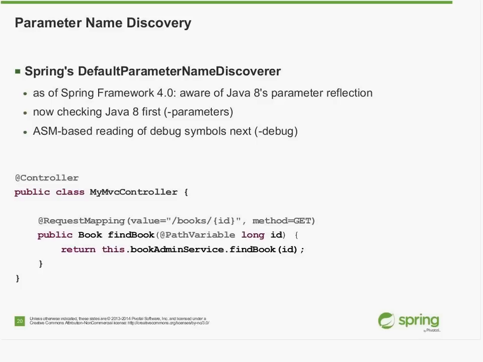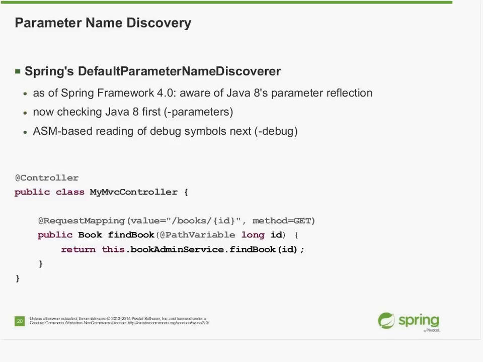The only way out was debug symbols. You could compile your classes with -debug, which creates a debug symbol section in the class file. And frameworks can then, if they're willing to do so, read that debug symbol section and infer parameter names from it. We have been doing that for quite a while. So that's basically what it took to make it work on our side.